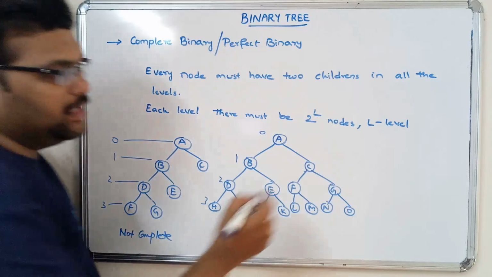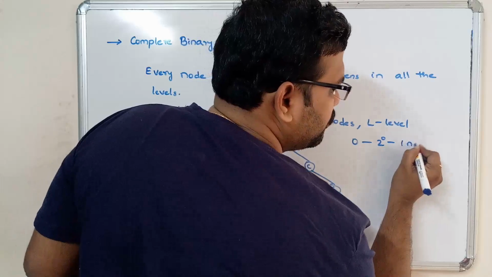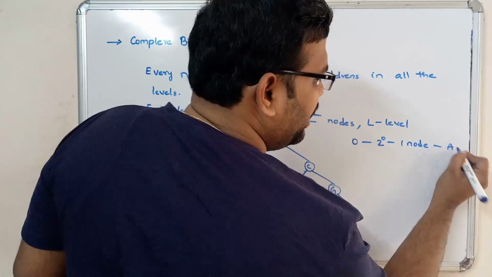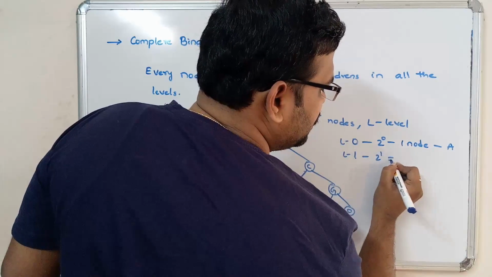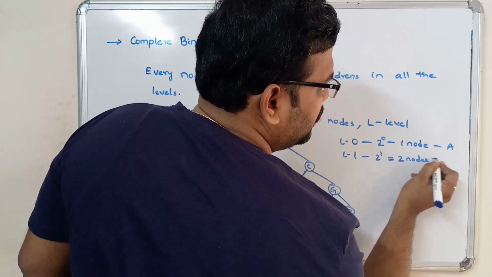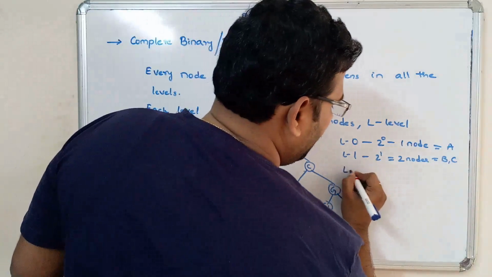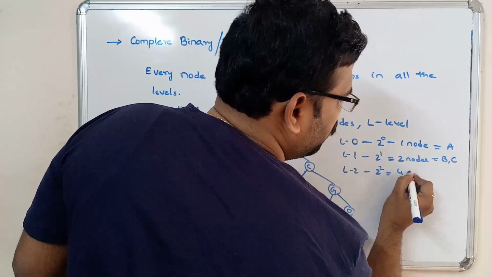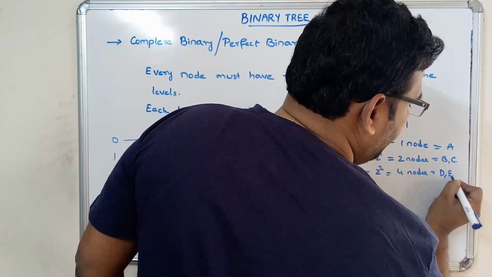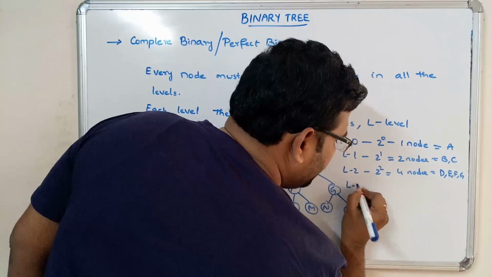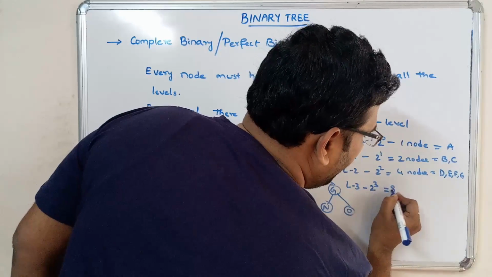At the 0th level there must be 2 power 0 nodes, that is 1 node, which is A. At the first level, 2 power 1 is equal to 2 nodes, B and C. See, if you observe, 2 nodes. At level 2, 2 power 2 is equal to 4 nodes: D, E, F, G. Level 3, sorry, 2 power 3, 8 nodes are there.